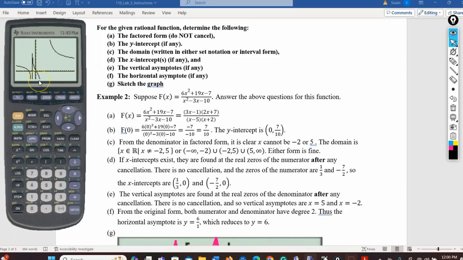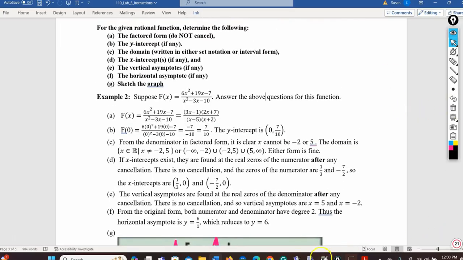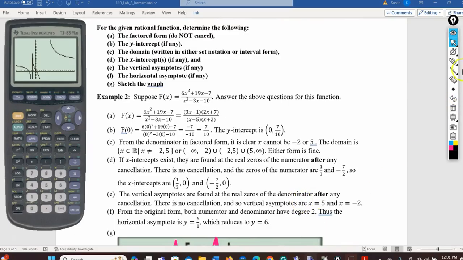Let me see what I chose down here. Yeah, that is what I chose. Let me get this back up there. And I can see I had a y-intercept at 0, 7/10.